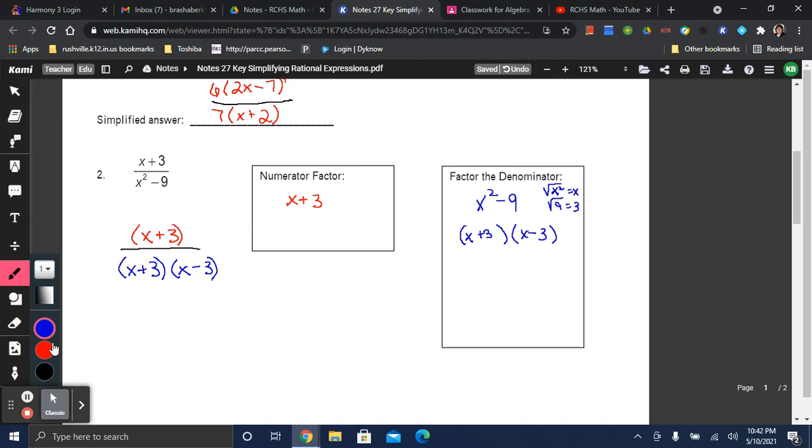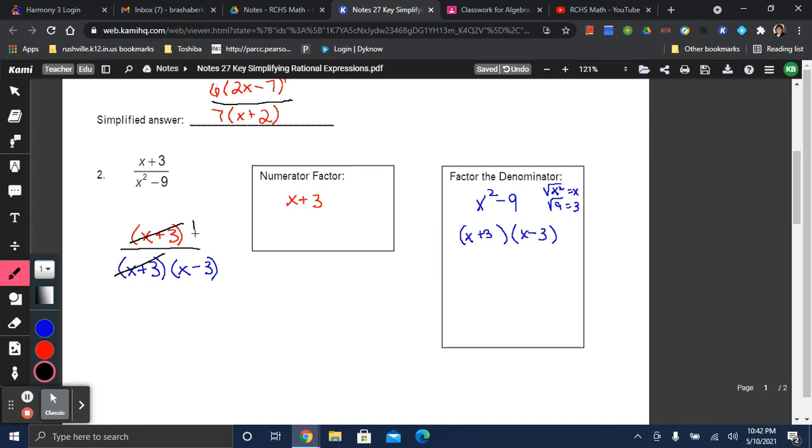Now, I can cancel the entire expression inside the parentheses. So x plus 3 and x plus 3. Now, they have the same exponent, so the x plus 3 factor is removed.